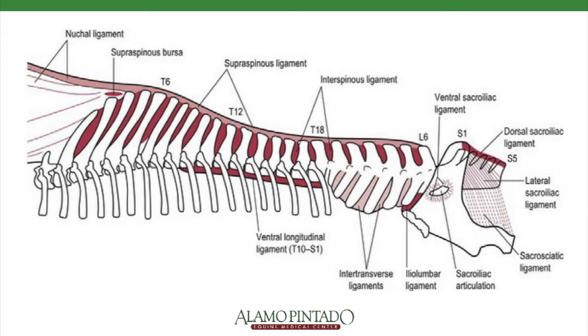So it's a small little band of tissue, but it's got a significant number of nerve endings in that region. And so those are the areas that get compressed, it gets tightened, they oftentimes get a neuritis, and then the bones themselves can also contact each other and cause significant pain. So those are the areas that we're focusing on today.